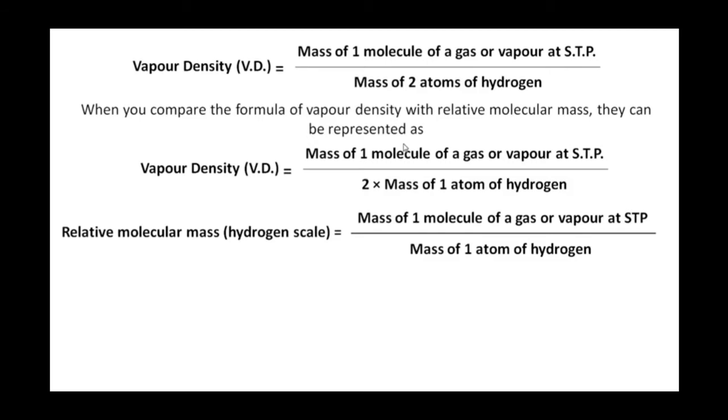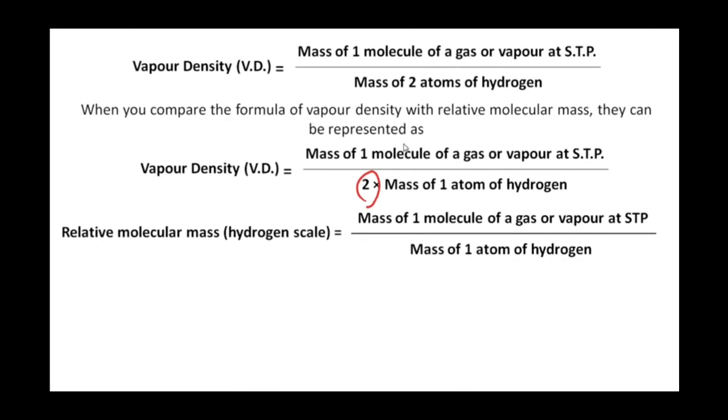And the same relative molecular mass formula. Relative molecular mass is equal to mass of one molecule of a gas or vapor at STP divided by mass of one atom of hydrogen.